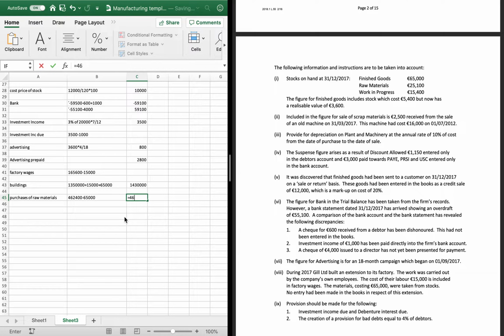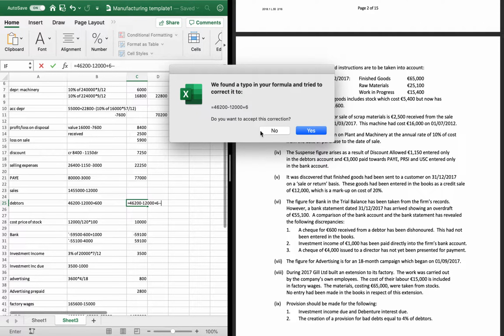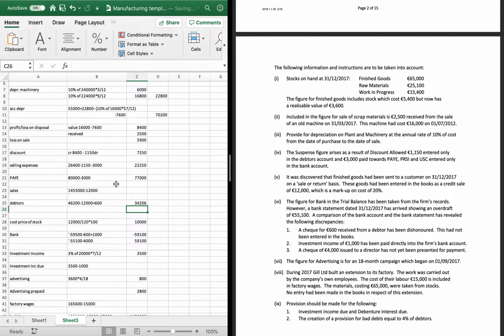Okay, our last job is the creation of a provision for bad debts, 4% of debtors. So we're creating this. So BDP, 4% of debtors, obviously 4% of the new debtors figure. So debtors is this here, plus 600.